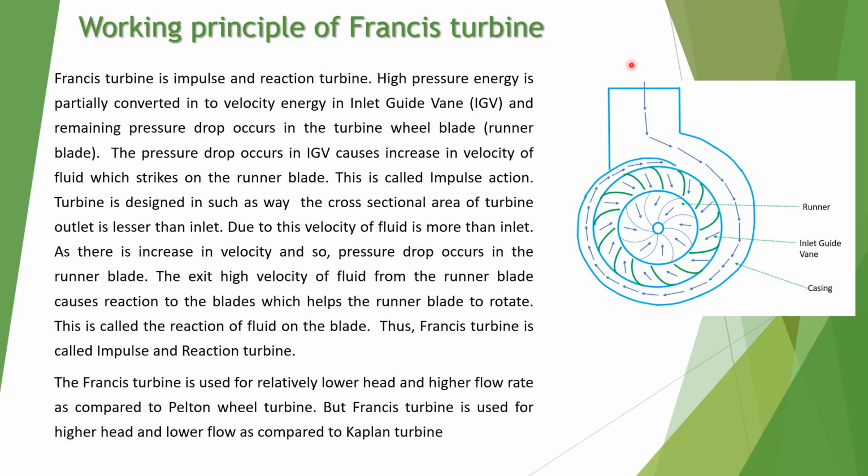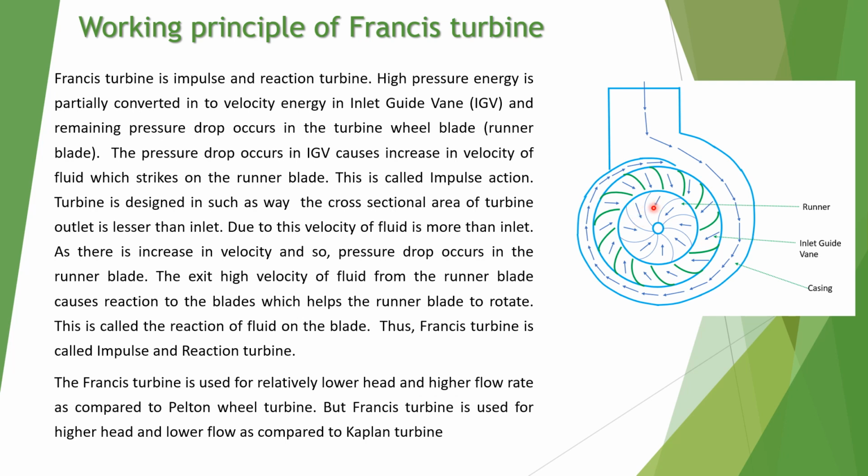High pressure, high head fluid comes through the casing, and the casing is designed with a decreasing cross-section area so that the velocity everywhere in the casing remains constant. Then it goes to the IGV, where there is a drop in pressure and an increase in velocity, which strikes the blade or runner, and this is called impulse.